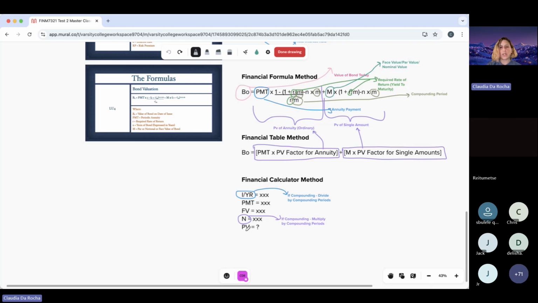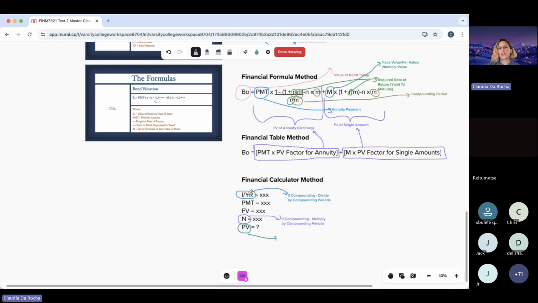If you calculate PV, your future value will be positive because that is what you're receiving. Your payment will be positive if that's what you're receiving. Because with the bond, it's your present value, the amount that you pay now that you're investing in. So you'll find that if you solve for PV, your answer normally comes out negative.